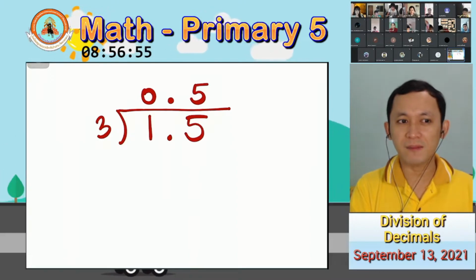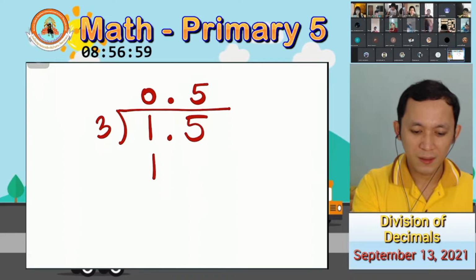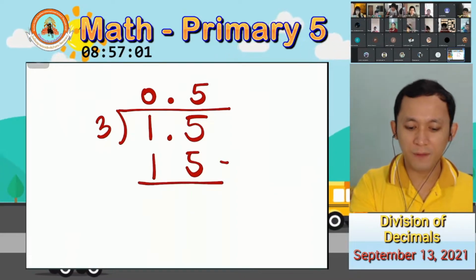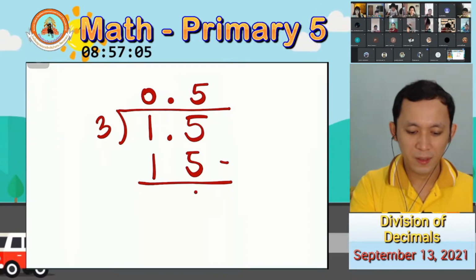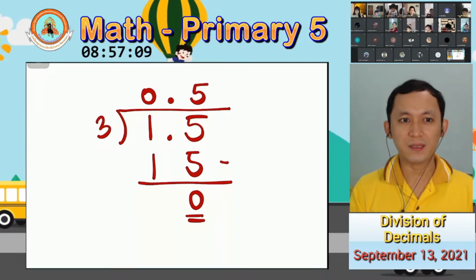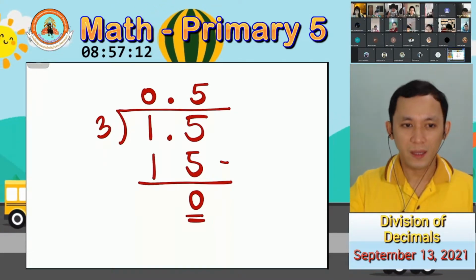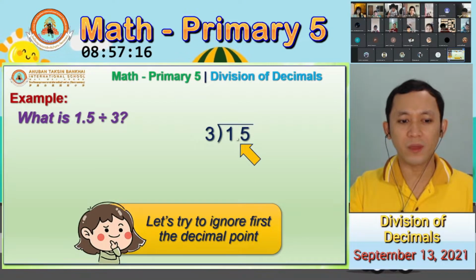Next, 5 times 3, we have 15. Now let's minus this number. 15 minus 15, we have 0. Very, very easy. So our answer is 0.5. So that is just the same with this one.